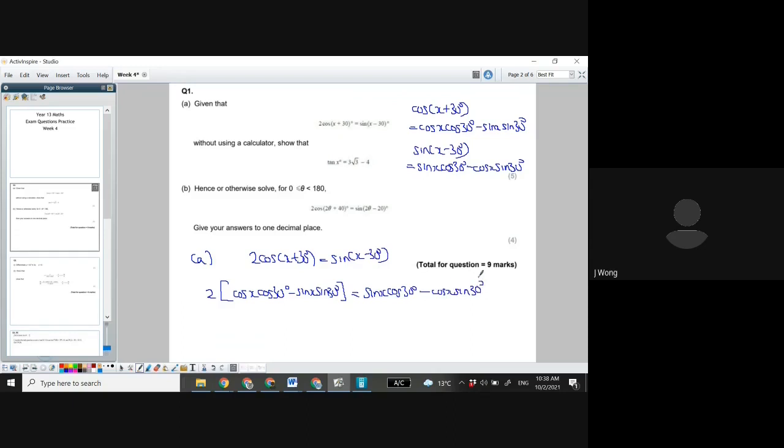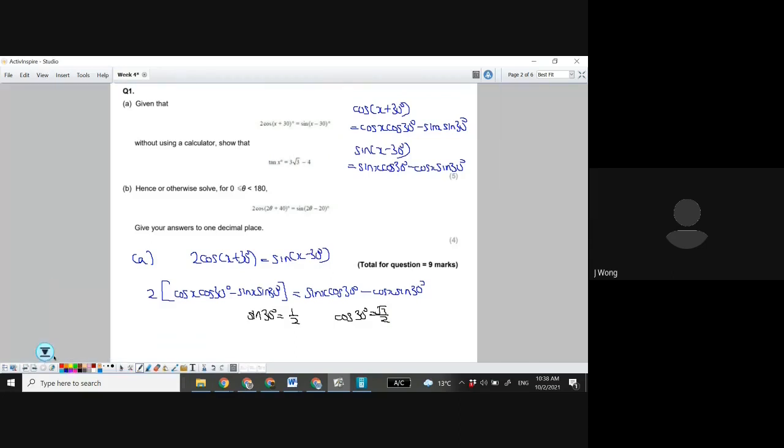Now what we could do is rewrite cos 30 and sine 30 into exact values. Sine 30, if you use the calculator, should be a half. Cos 30 is square root of 3 over 2. Something that we should know anyway.